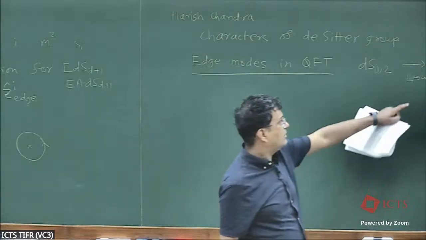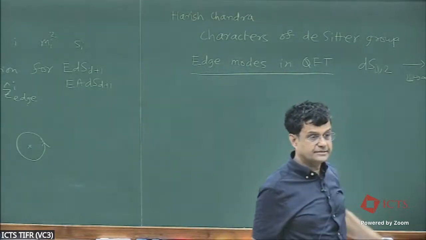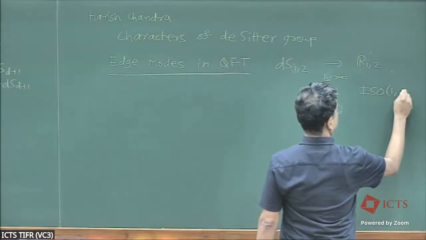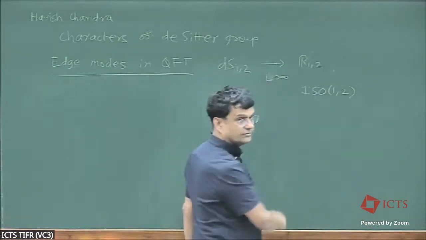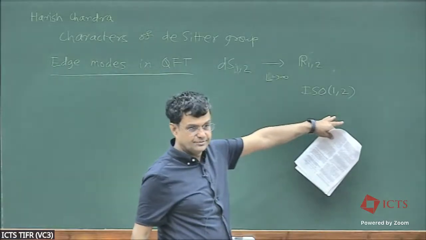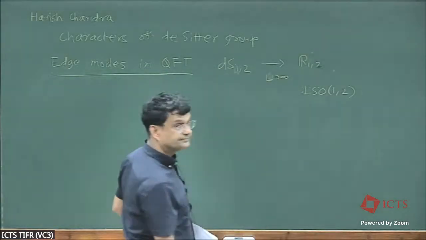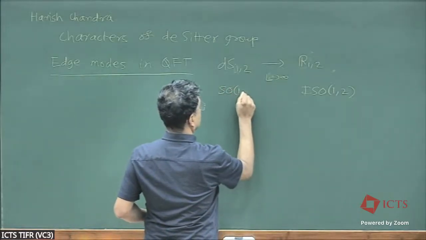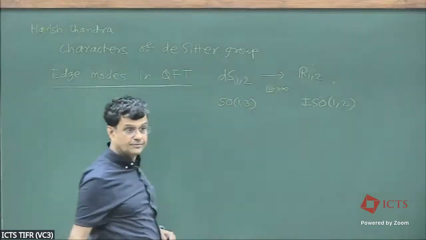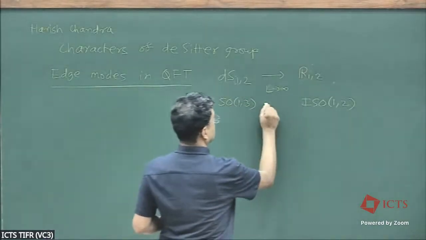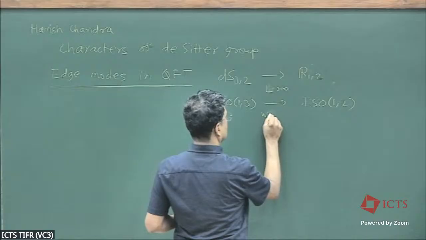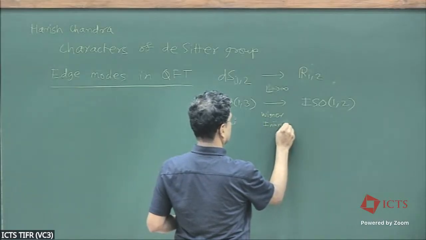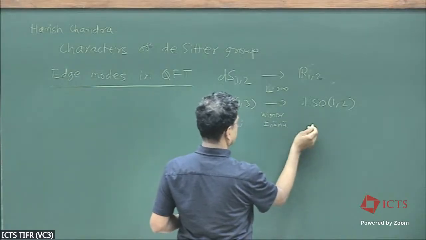And here, all states are represented by representations of the Poincare group, the inhomogeneous Lorentz group ISO(1,2). Here, it will be SO(1,3), and there is this Wigner-Inonu contraction.